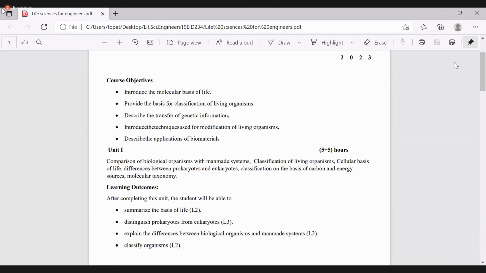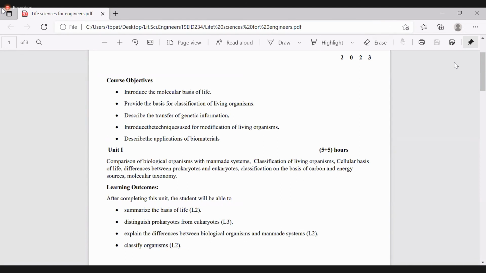The next is to introduce the techniques used for the modification of living organisms. A lot of modifications are made in living organisms.